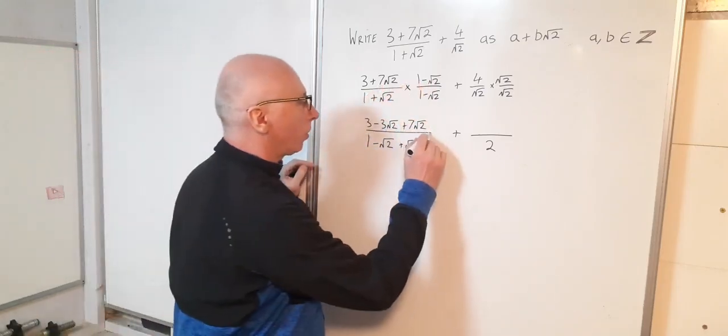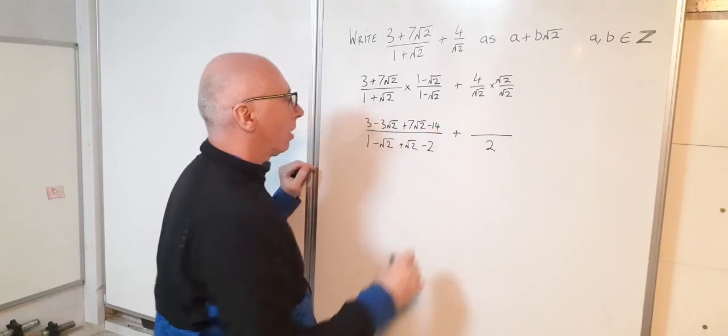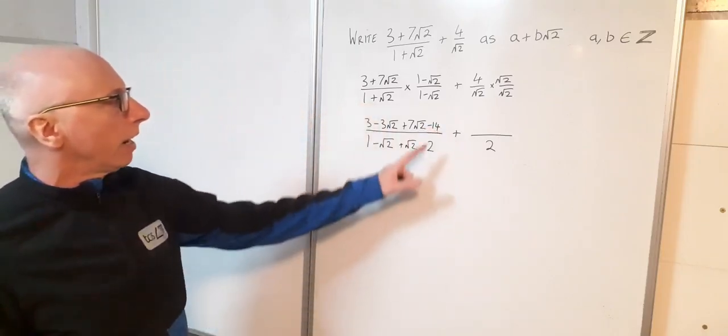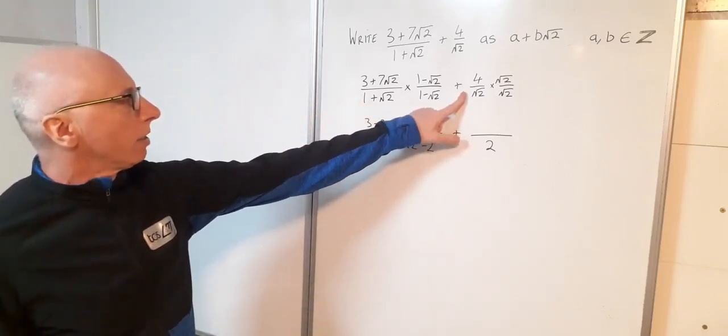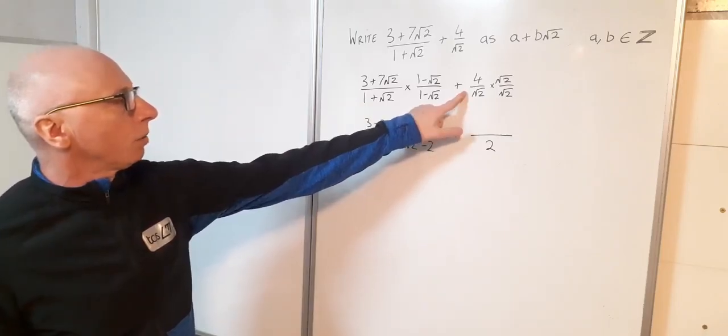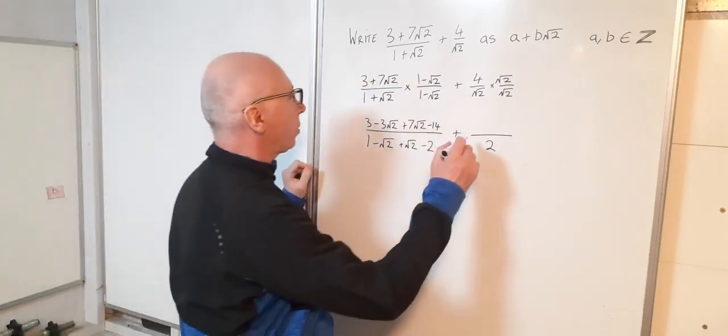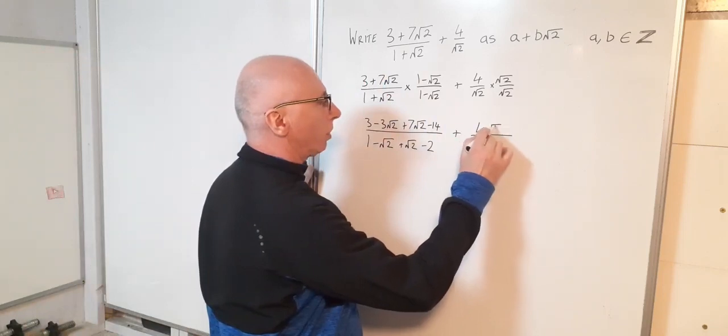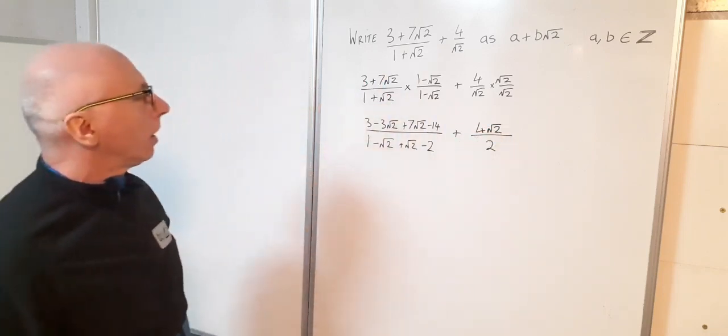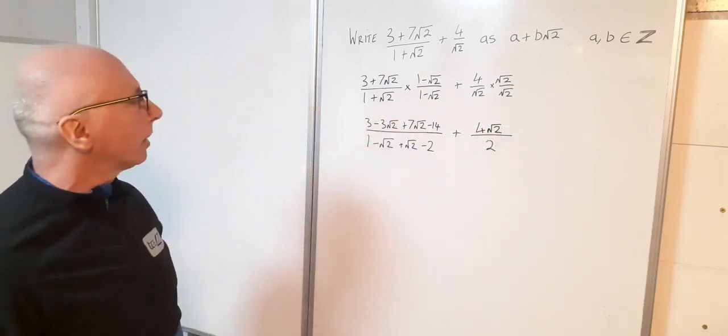So that's minus 14. Okay, now what about this one? So now I've got 4 times root 2 multiplied together just to give me 4 root 2. Okay, that takes care of that.